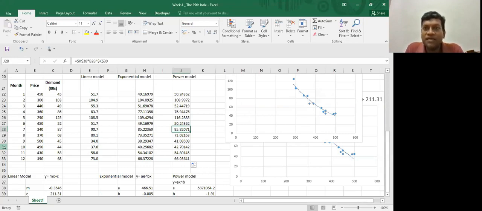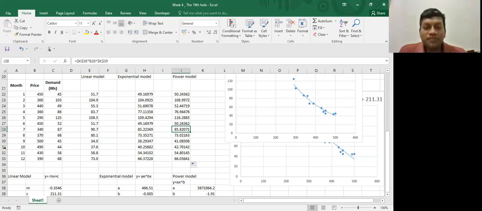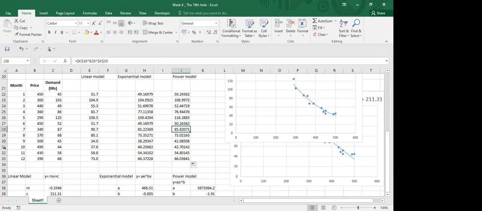Right. So now we have 3 models. Any comments or inputs on which is the superior model? Which of these models do we choose? As it's an elastic product, the demand varies, so the exponential or the power one may be comparatively better than the linear one.